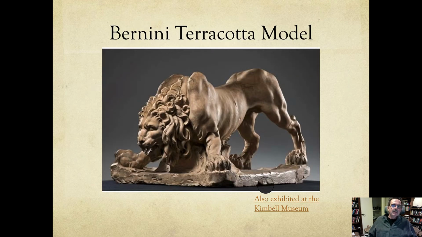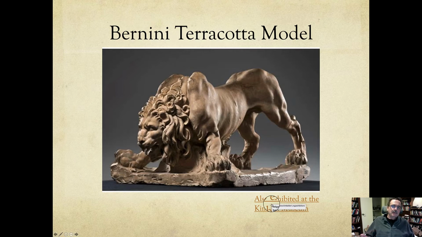Another scale model is from the sculptor Bernini, who's an artist, a sculptor that was exhibited throughout the US, maybe throughout the world. All these things are hyperlinked, and there's a particular link to the Met Museum in New York City. But I've also included a link when it was at the Kimball Museum in Fort Worth.